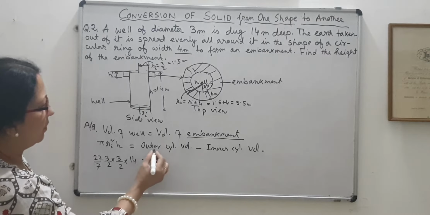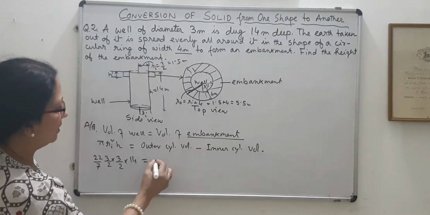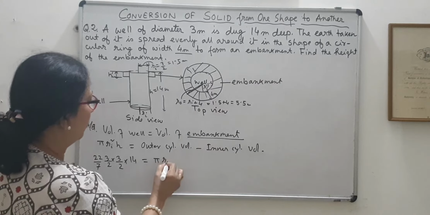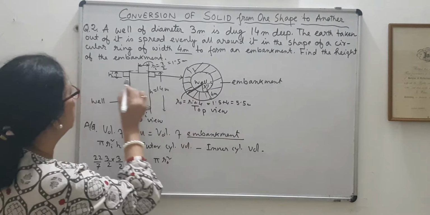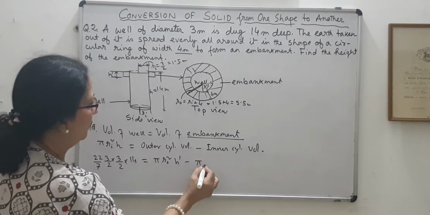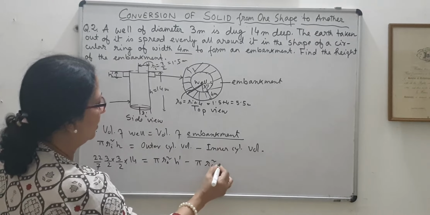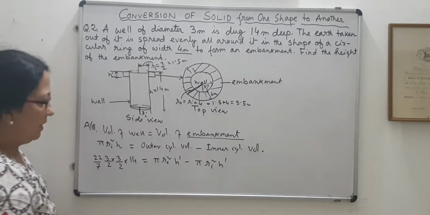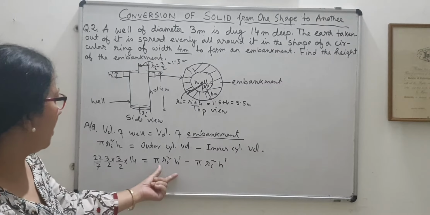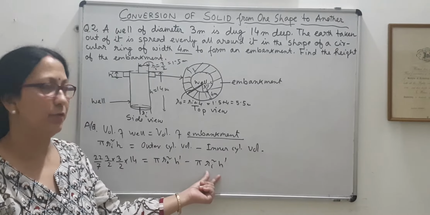That is equal to, now outer cylinder volume, again it is pi. Now for outer it is Ro square, and the height of this is your H dash, minus pi, inner is Ri square into H dash. Okay, so that you can understand this is the volume of the embankment, outer cylinder volume minus inner cylinder volume.